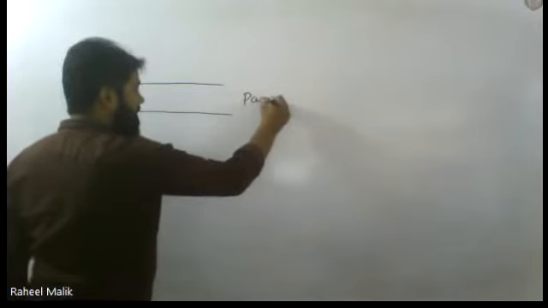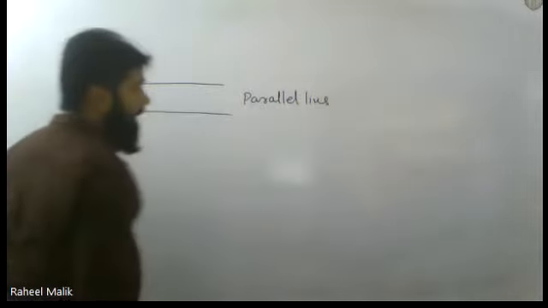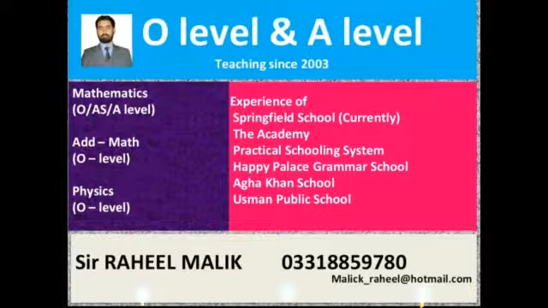They are going in the same direction, and the distance between these two lines will remain exactly the same throughout the length. We are going to say that they are parallel lines. These are our parallel lines.